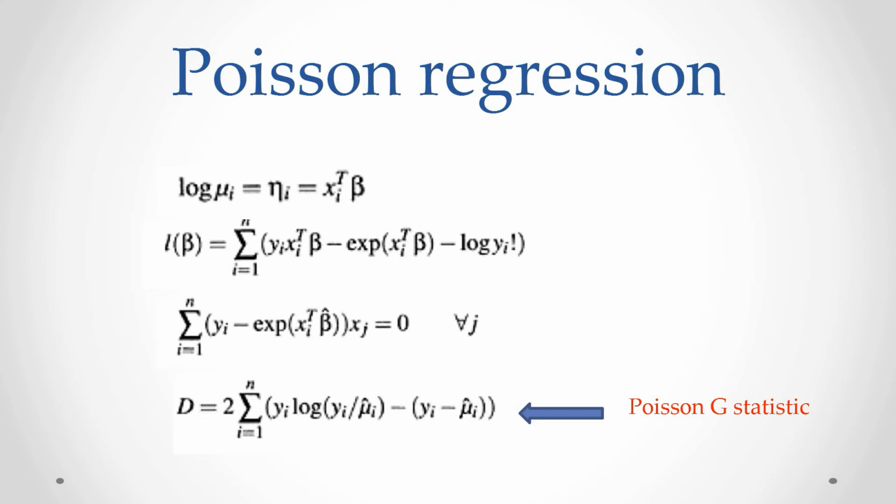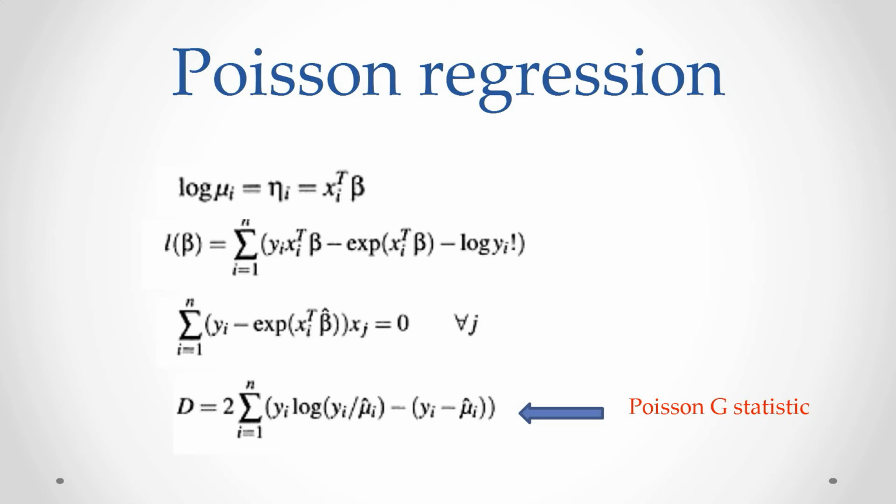Estimation is possible by maximizing the log likelihood given by l beta equal to summation i equals 1 to n of yi xi prime beta minus exponential xi prime beta minus log yi factorial. The score equations are thus summation i equals 1 to n of yi minus exponential xi prime beta hat times xij equal to 0 for all j equal to the number of covariates, in this case 5.